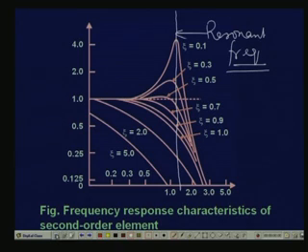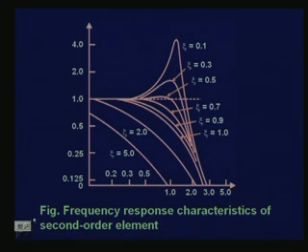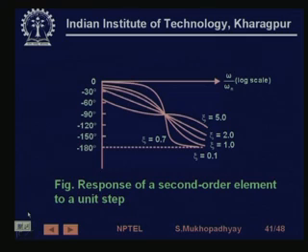Similarly, if you see the phase, the phase plot looks like this with frequency. Towards low frequency the phase tends to stay small, and as frequency increases, the maximum phase that can occur is 180 degrees.